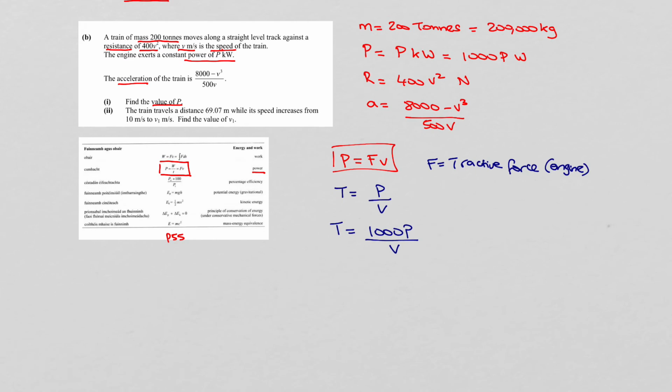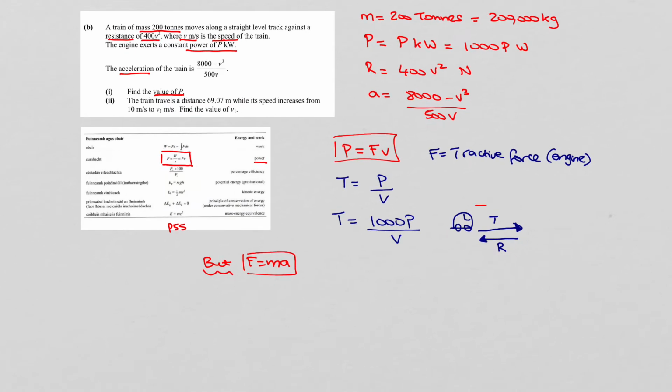If we have the tractive force driving the car forward, but we then have our resistive force opposing the motion of the car, then from F equals ma, if the car is accelerating to the right, the leading force will be our tractive force minus our opposing force, which is our resistance, and that will equal our mass times our acceleration.